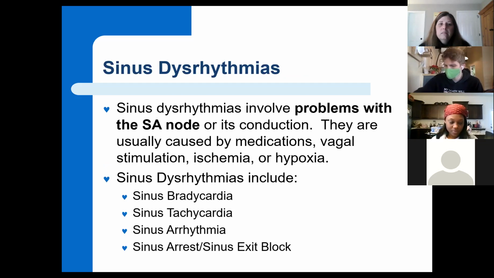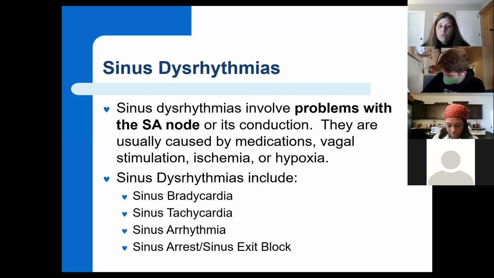So, sinus dysrhythmia, okay? We know that sinus means that it's involving the SA node. Remember, our SA node sits at the very top of the atrium. It is the heart's pacemaker. Dysrhythmia means that there is something wrong. It means that it's irregular, okay?